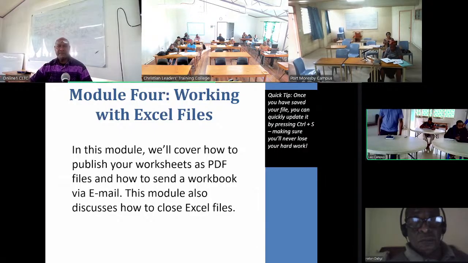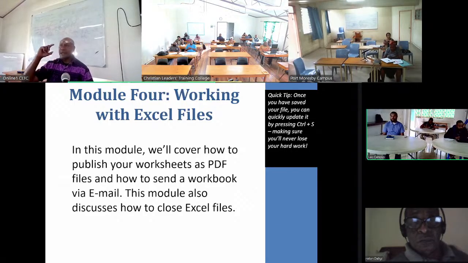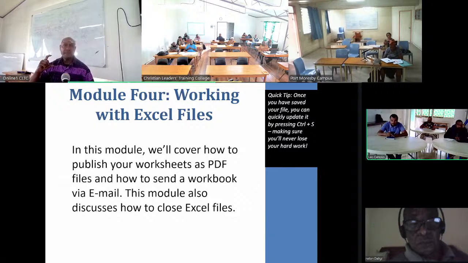Working with Excel files. Okay. Once you have produced your assignment, I don't want that assignment to come in as PDF. Because if it comes in PDF, the formulas are dead. Yeah? It is a PDF document, it's dead.